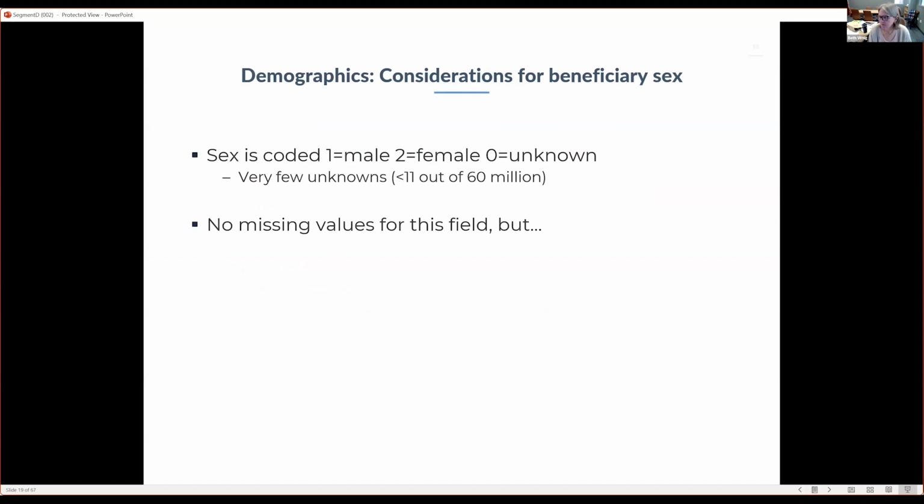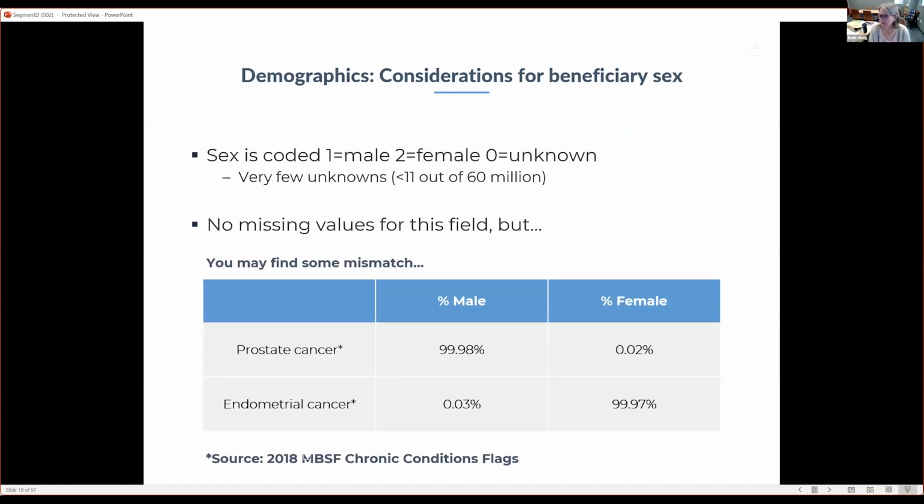So the question is, how accurate is it? We've heard you may get some minor mismatches, but most diagnoses aren't gender related. When I compare gender and gender-related diagnoses, for example prostate cancer or endometrial cancer, we see around a 0.02% mismatch where the combination doesn't make sense.